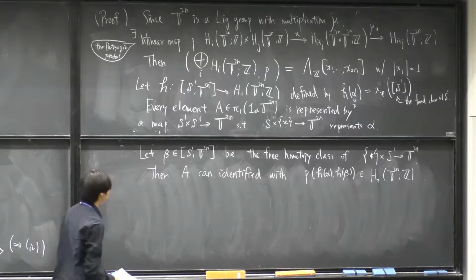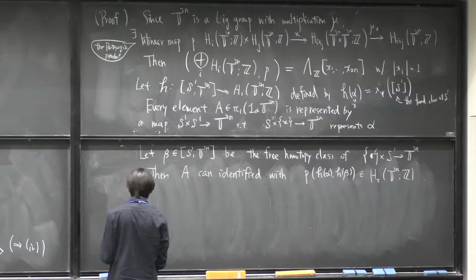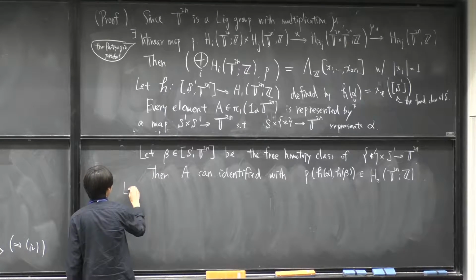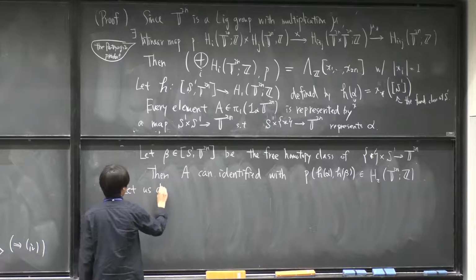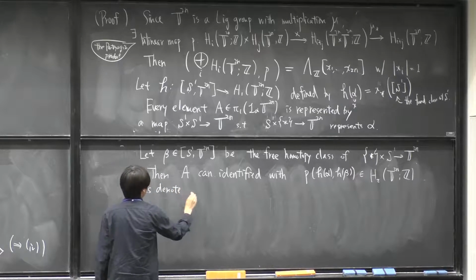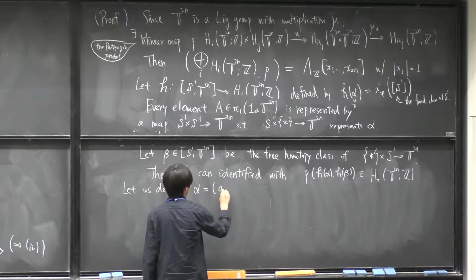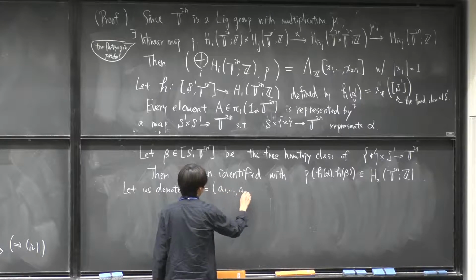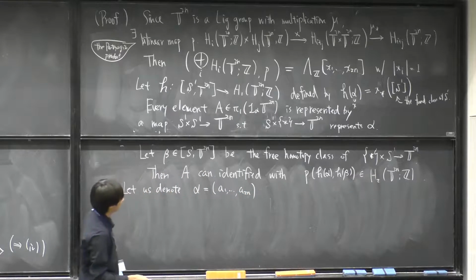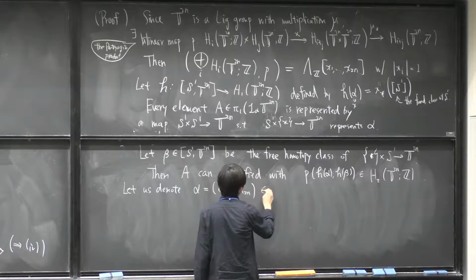P is the Pontryagin product. And now let us denote alpha equal to A1 through A2n in Z2n.